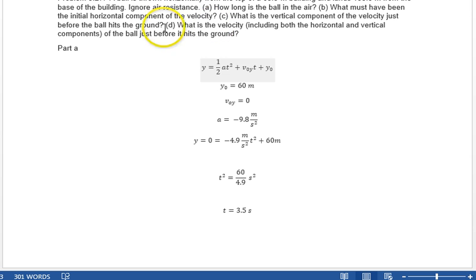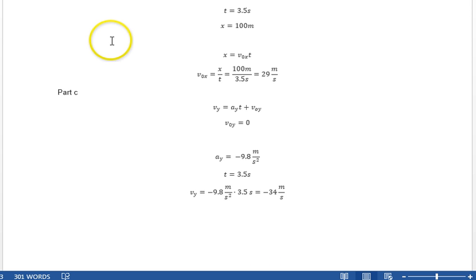Okay. Part D, what is the velocity, including both the horizontal and vertical components of the ball, just before it hits the ground? All right.